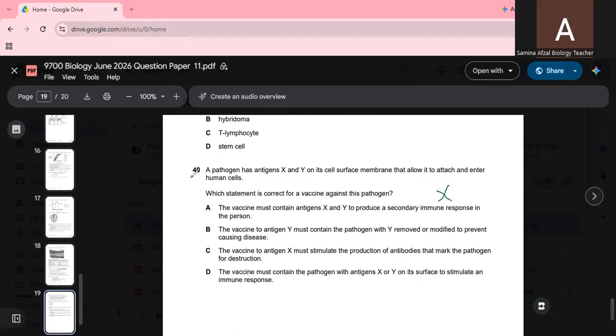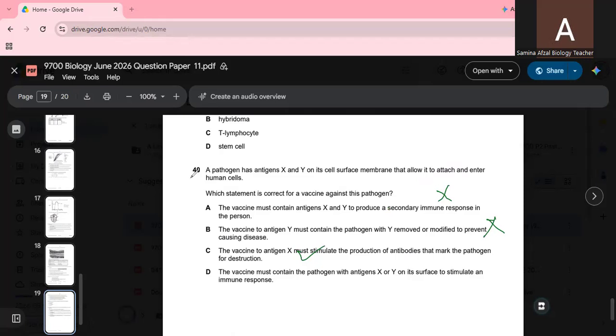A vaccine to antigen Y must contain the pathogen with Y removed or modified to prevent causing disease. Again, not correct. The vaccine to antigen X must stimulate the production of antibodies and mark the pathogen for destruction. So this is the correct option, because a vaccine works by stimulating the immune system to produce antibodies against specific antigens like X or Y. These antibodies can mark the pathogen for destruction.